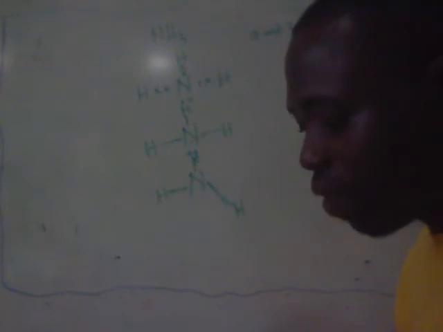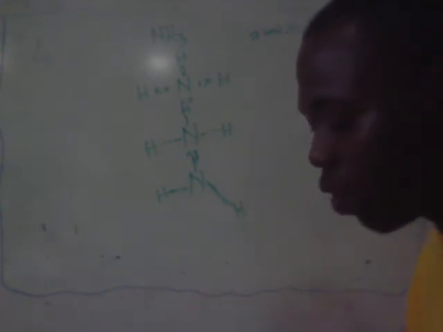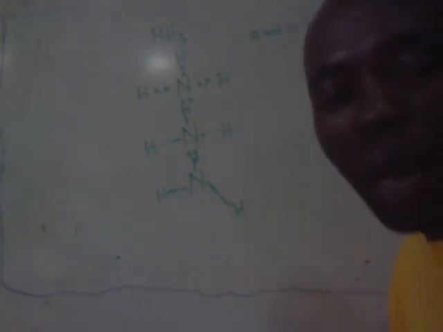So the bond angle. Okay, so ammonia. The shape of the ammonia molecule: option A, linear, is not linear. Option B, octahedral, is not octahedral. Option C, spherical, is not spherical. Option D, tetrahedral, 4 around, no. Option E, trigonal pyramidal. That's the correct answer.